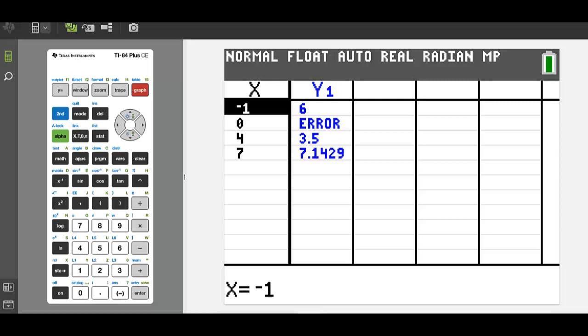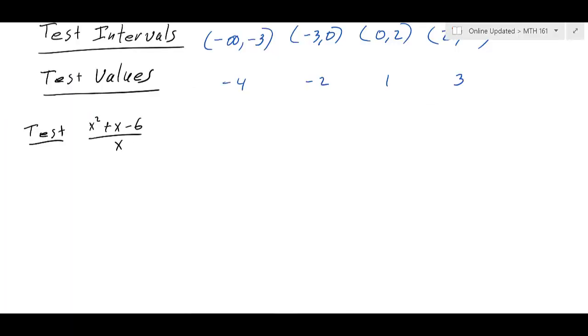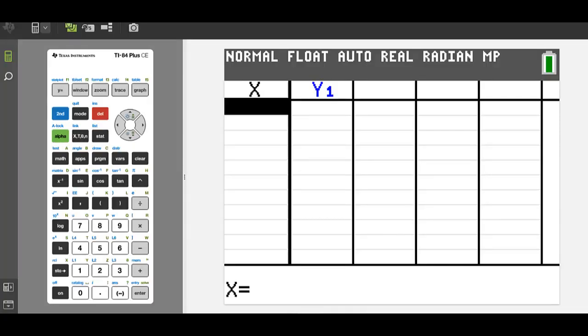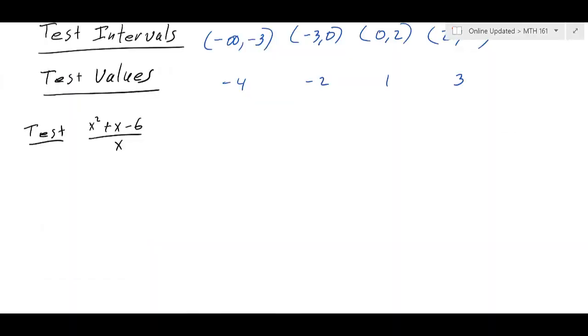And if we go into the table, let me delete out the old values. We want to plug in negative 4, negative 2, 1, and 3. So we get negative 1.5, positive 2, negative 4, and a positive 2.